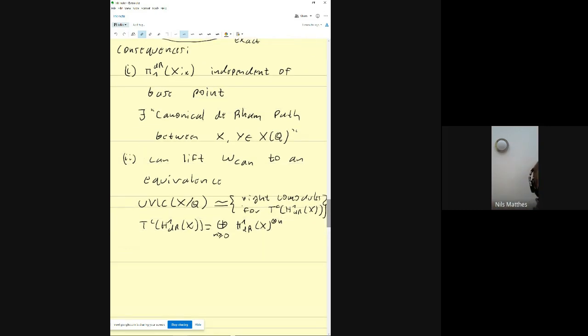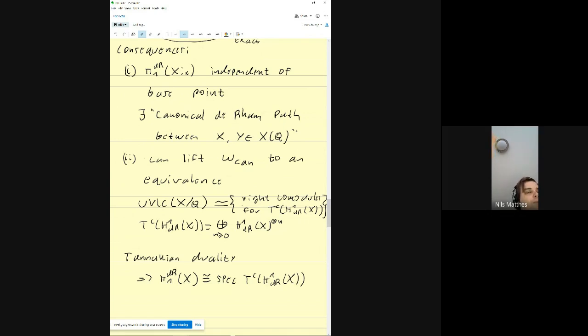And by Tannakian duality, this result implies that the de Rham fundamental group, I'm going to omit the base point because it doesn't depend on it, is isomorphic to the spectrum of this tensor coalgebra. So you're getting a very explicit description of the de Rham fundamental group in that way.